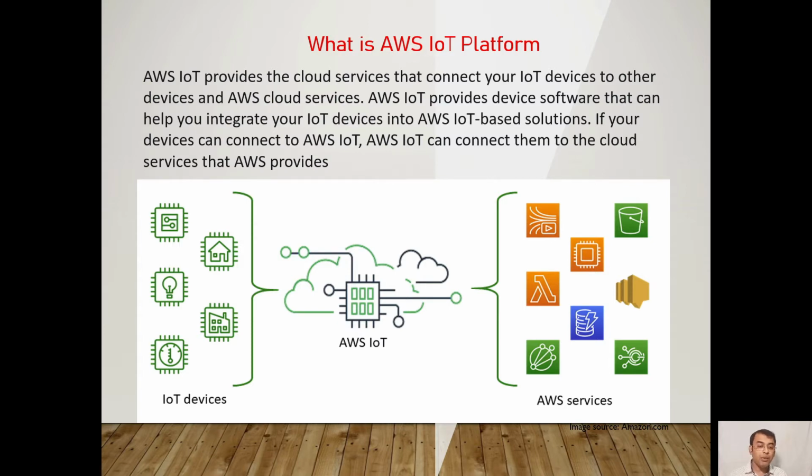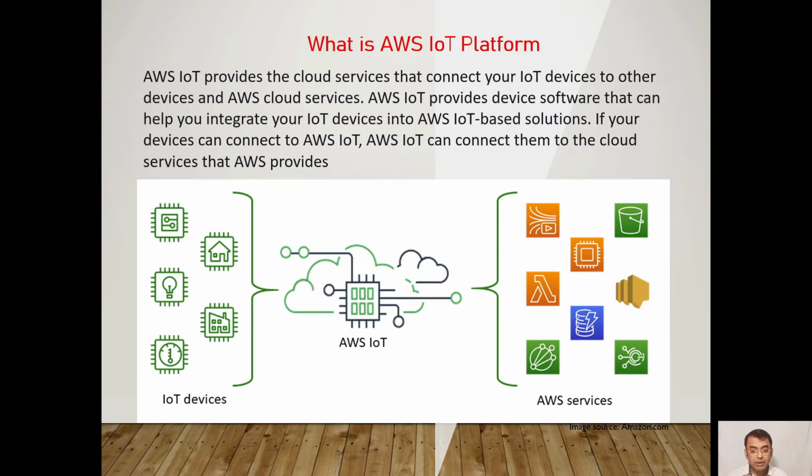AWS IoT provides device software that can help you integrate your IoT devices into AWS IoT based solutions. If your devices can connect to AWS IoT, you can connect them to the cloud services that AWS provides.